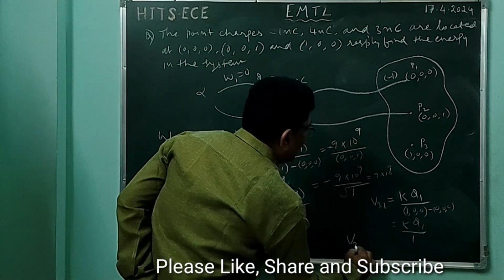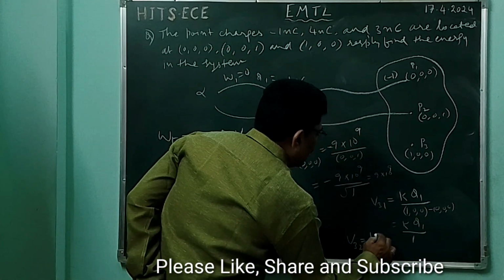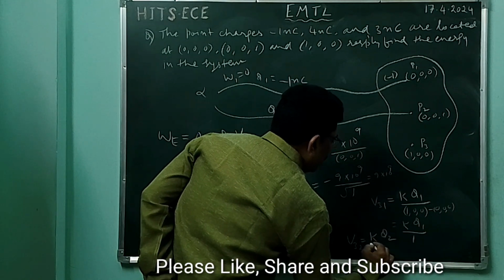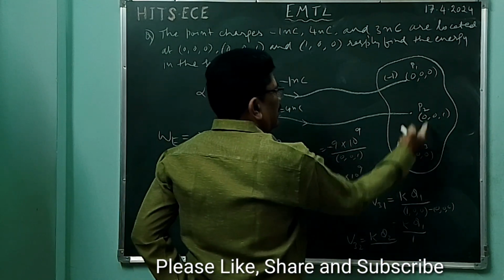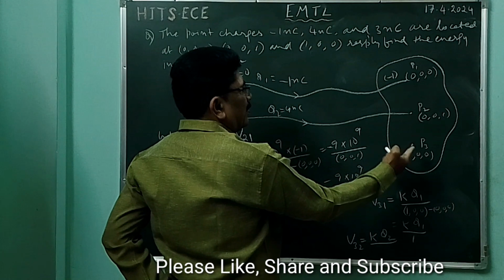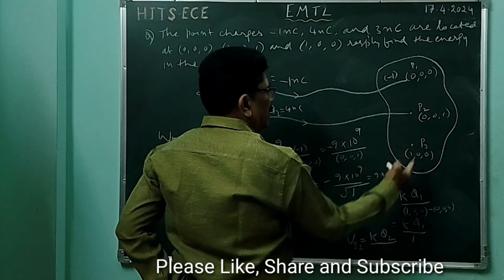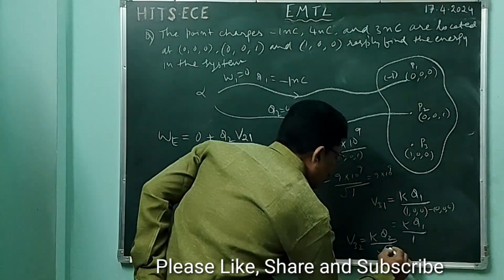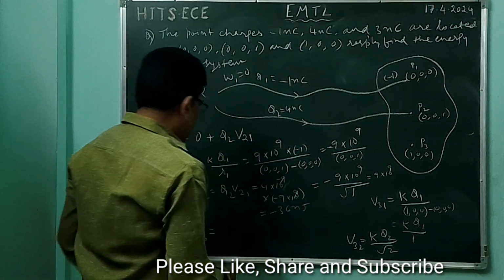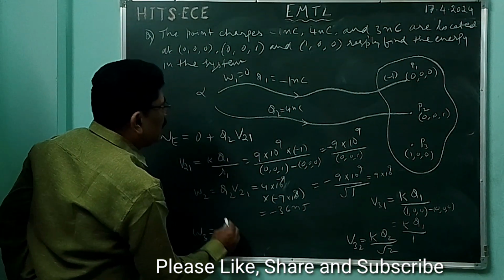And V32 is equal to K into Q2 by the vector 1 minus 0, 0 minus 0, 0 minus 1. The magnitude is root 2.